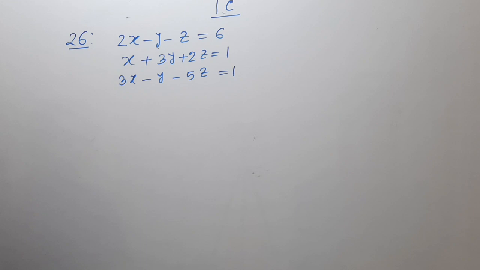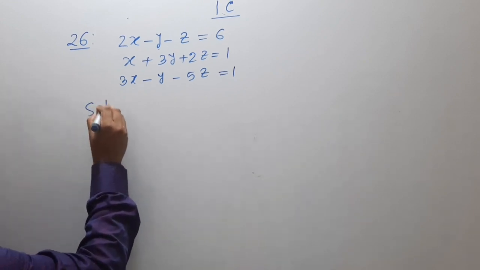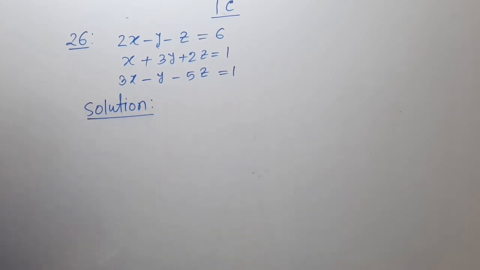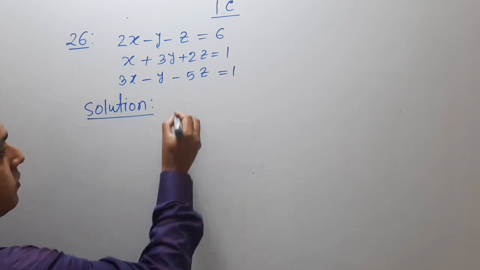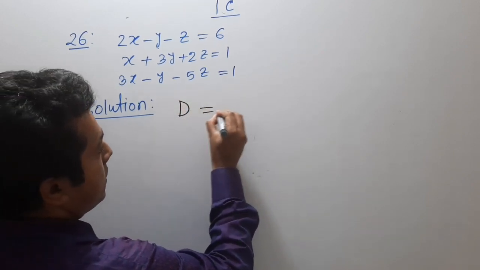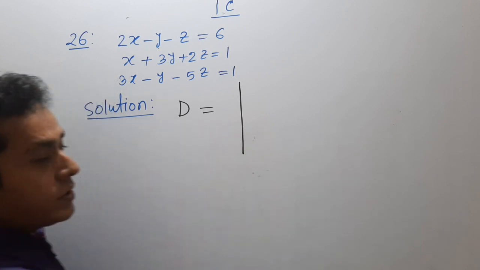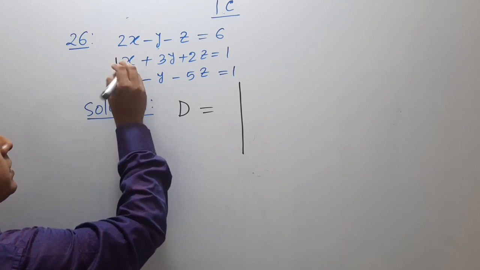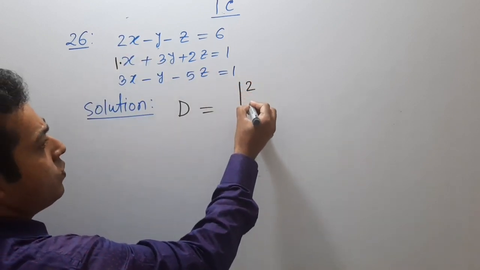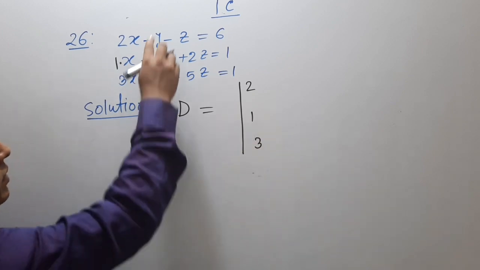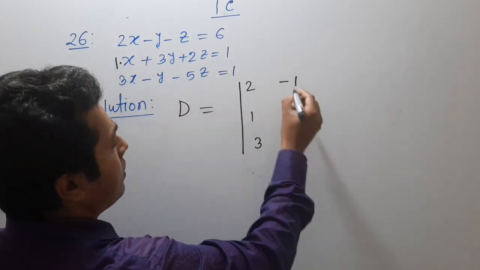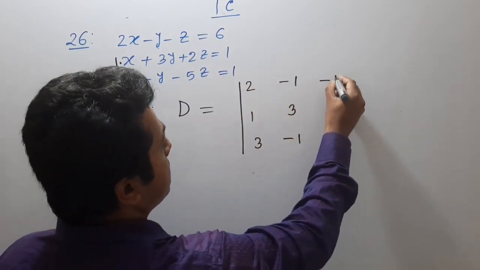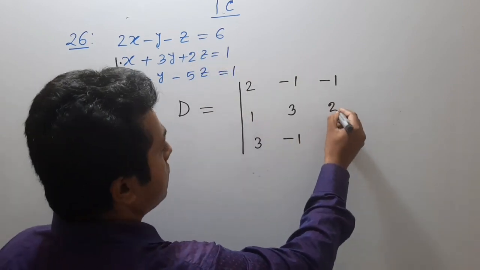The x coefficients are 2, 1, 3, the y coefficients are minus 1, 3, minus 1, and the z coefficients are minus 1, 2, minus 5.